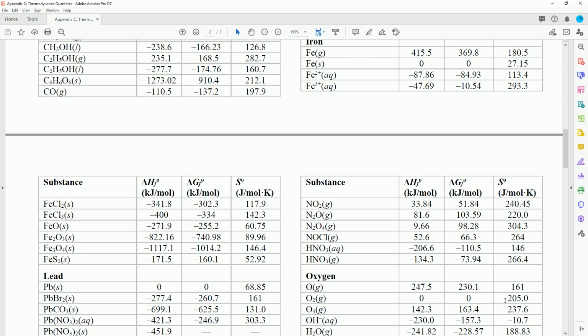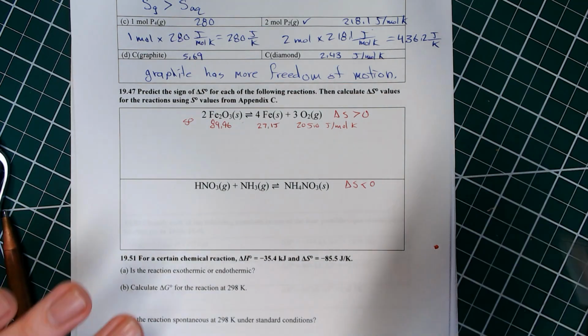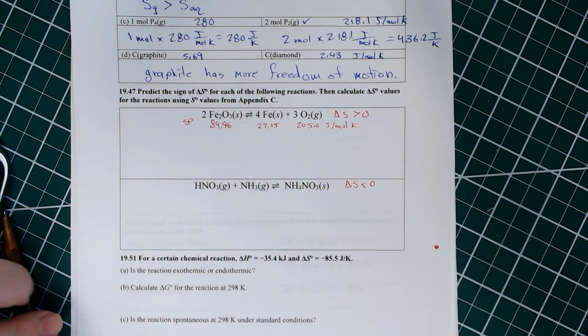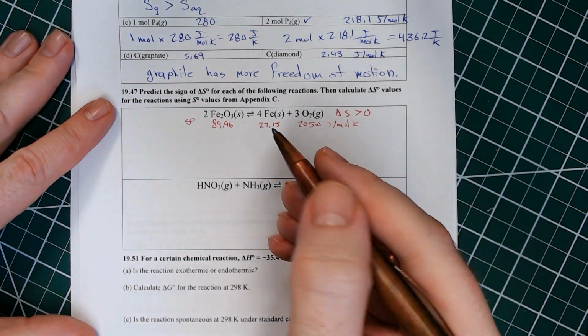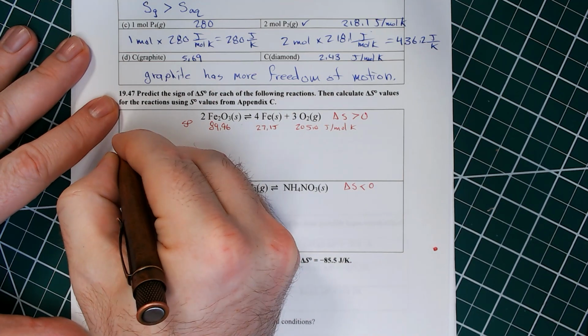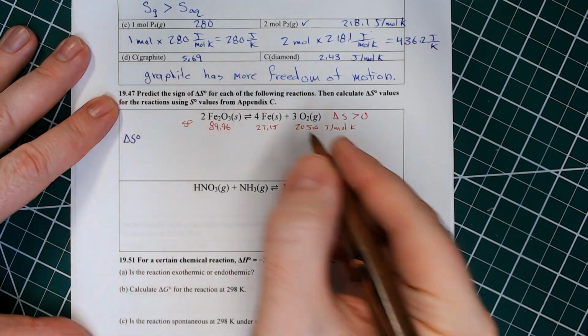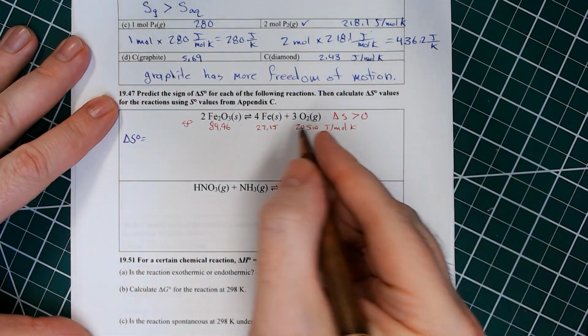So now I'm going to go back and show you the in-class assignment. You'll see that I've just written the numbers directly beneath, and now we just want to do the calculation. So delta S is going to be equal to products minus reactants.